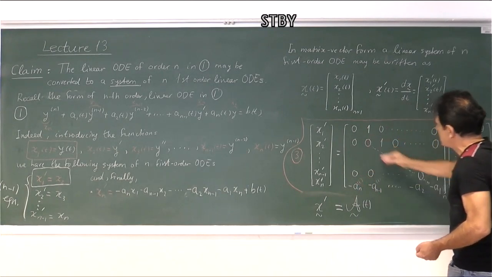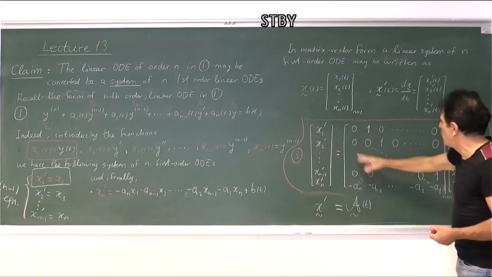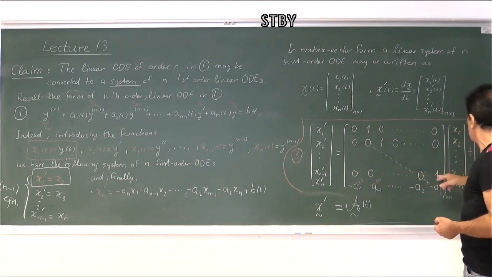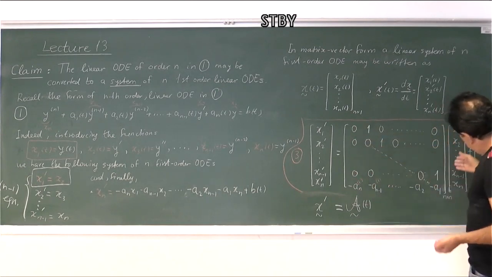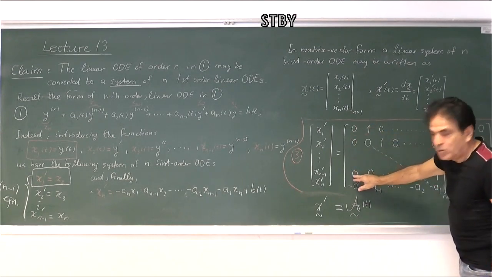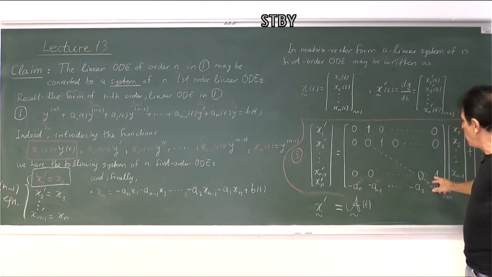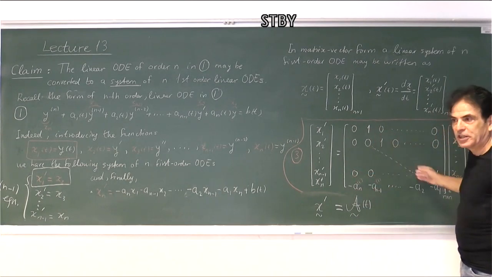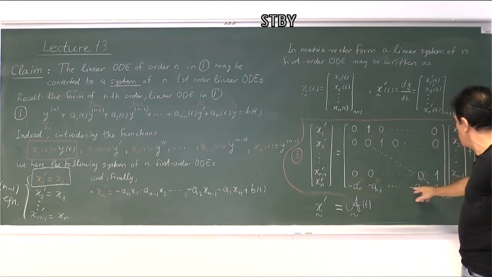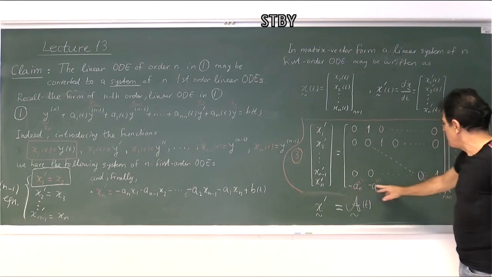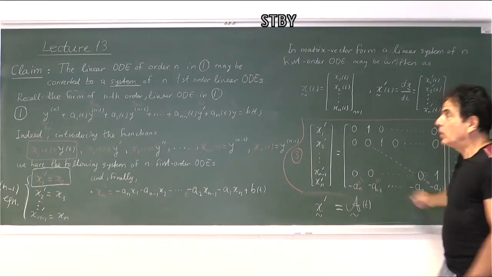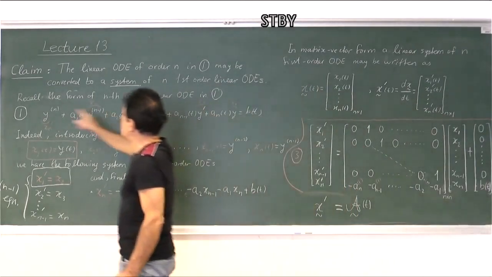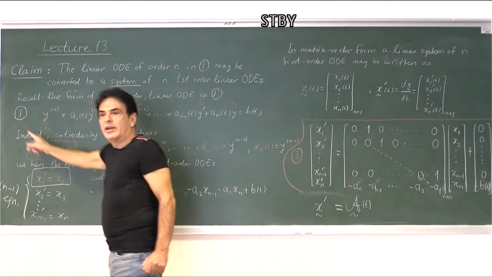Although the entries up to the n minus first row are all constants, either 1 or 0, the last row entries may be functions of t, which are the coefficient functions in the linear equation.